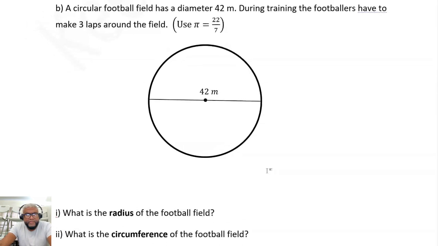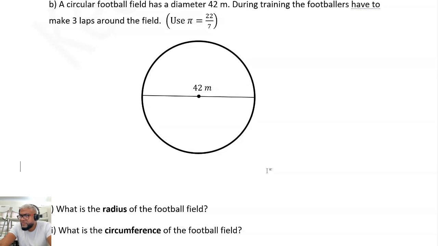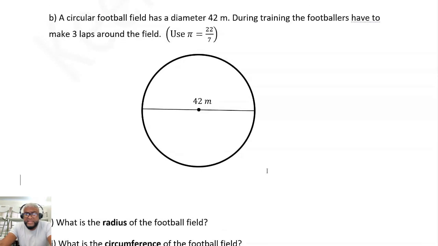All right, very good. Right, so let's read. A circular football field has a diameter of 42 meters. During training, the footballers have to make 3 laps around the field.